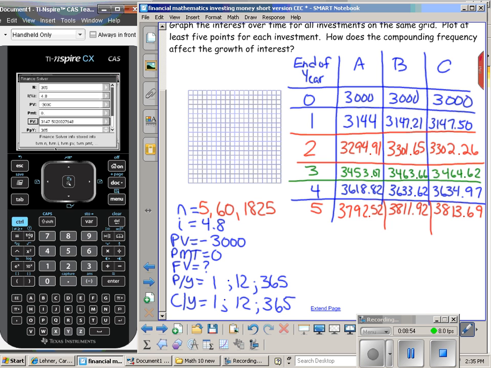All right, so now we've got our points. We can see option C definitely makes the most money. So how does the compounding frequency affect the growth of interest? Well, the more frequent it is compounded, the more interest you are going to make. And we could now graph these. And we're supposed to graph interest over time. So we'll put time along here and interest along this side.